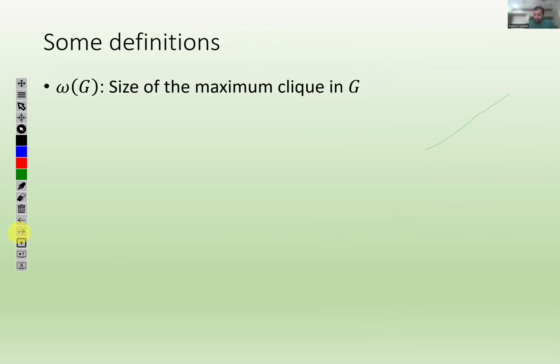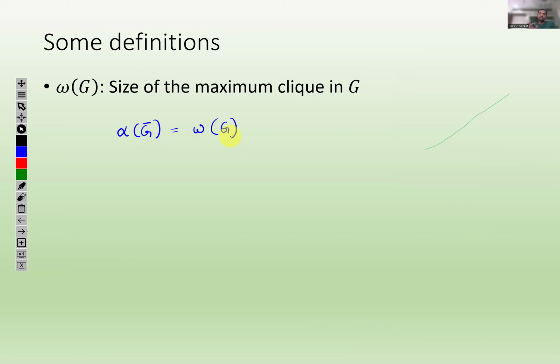So I just need one more definition for today. It's quite trivial. Basically, I'll call small omega of G the size of the maximum clique in G. And recall that this is really related to the size of the independent set, because if I look at the independent set in the complement graph, this is equal to the size of the clique.